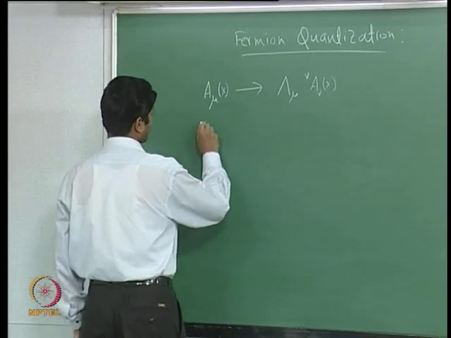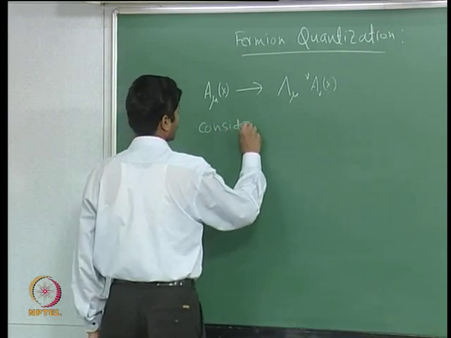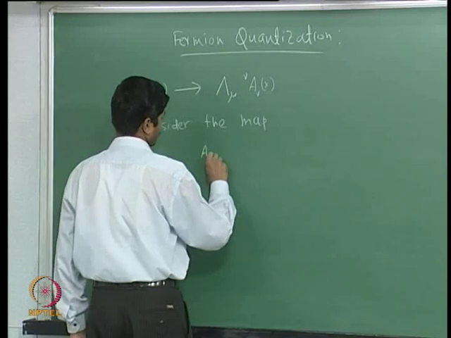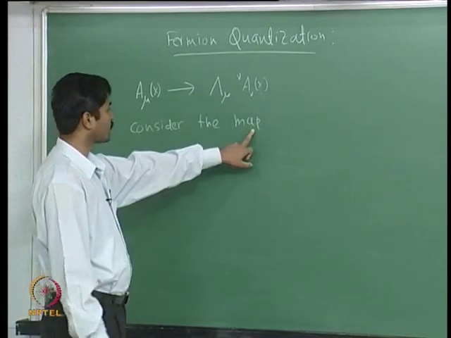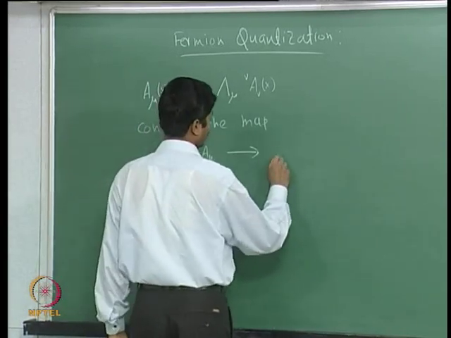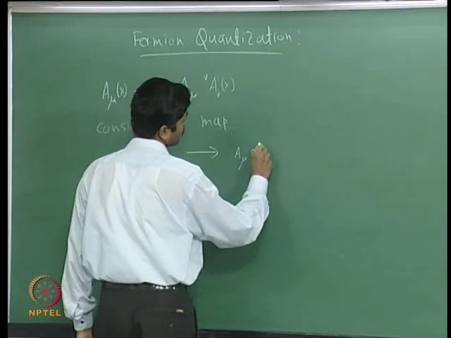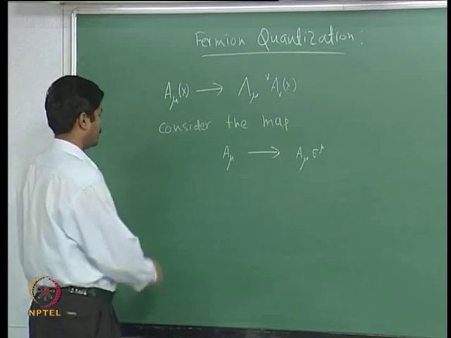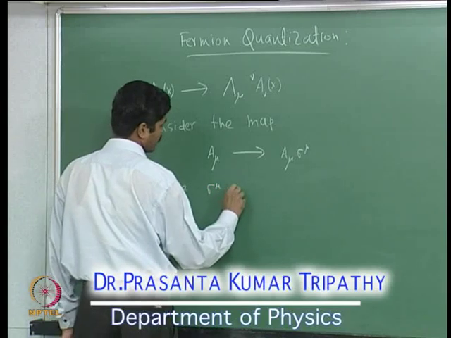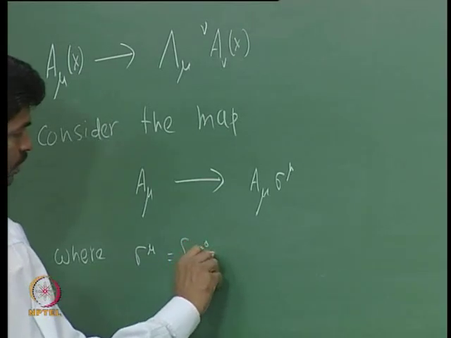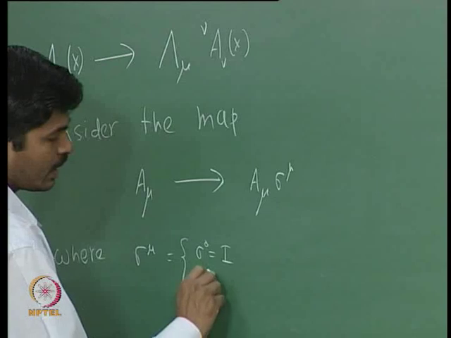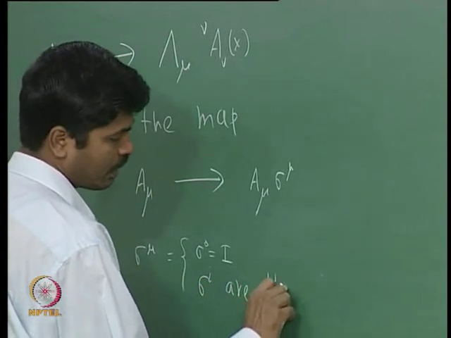To do that, you consider this map of vectors in 4 dimensions to the following quantity a mu sigma mu, where sigma 0 equals identity and sigma i are the Pauli matrices.